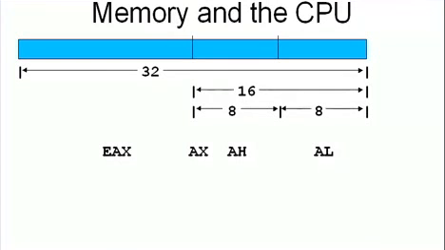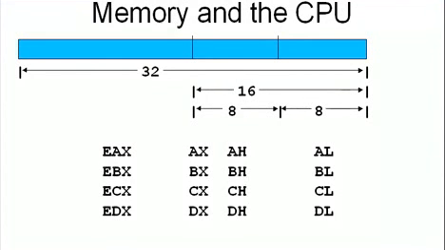For example, the A register goes by one of these 4 names, depending on which part of it you want to address. EAX is the whole thing, the full 32 bits. Simply AX addresses only the 16-bit portion of it. AH is the name of the high-order byte, and AL is the name of the low-order byte. And there are 4 of these registers. They are named A, B, C, and D.